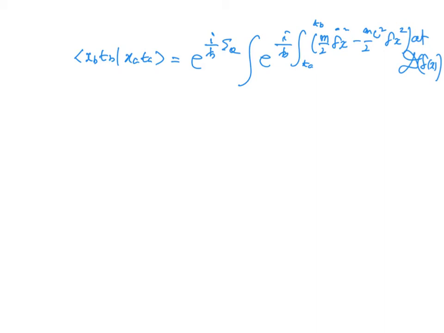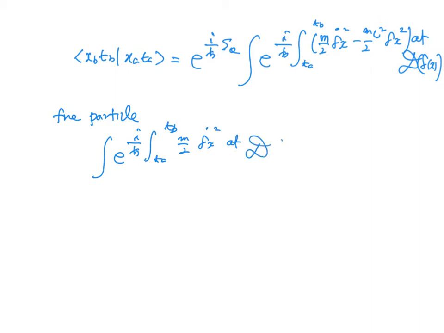For the classical action for a free particle, we know that this exponential i over h bar integral from ta to tb of m over 2 delta x dot square dt, and this path integral, we already have the following result: square root of m over 2 pi i h bar (tb minus ta).